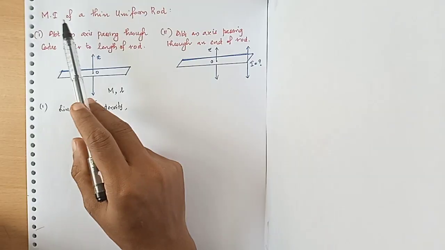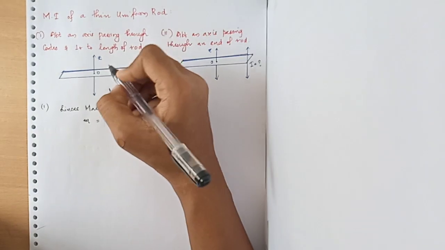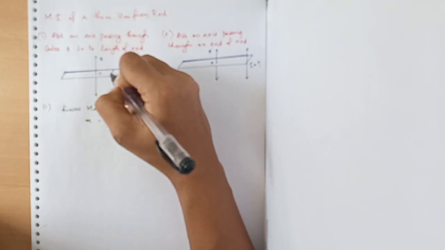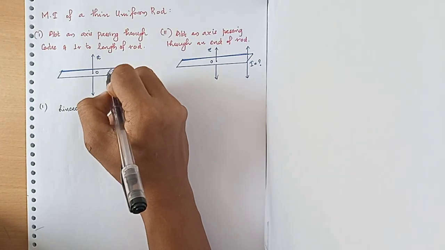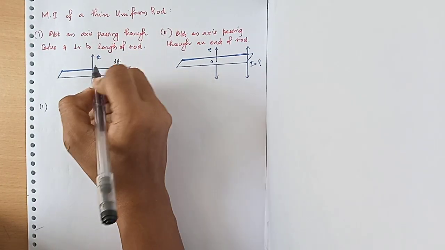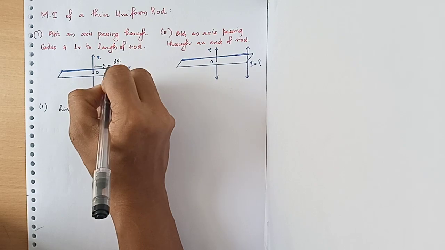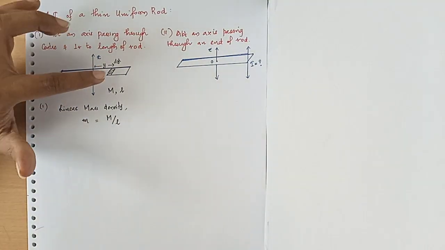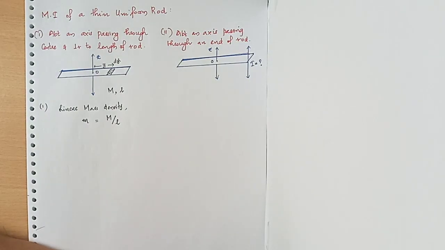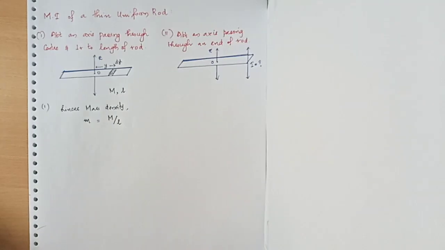Now, in order to find the moment of inertia, we are considering a small element of the rod like this, of length dy, which is at a distance y from the center, which means the mass element under consideration is at a distance y from the z axis.